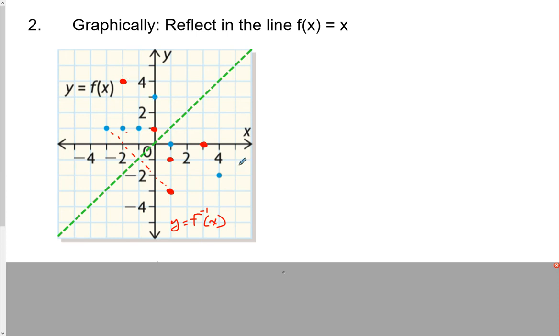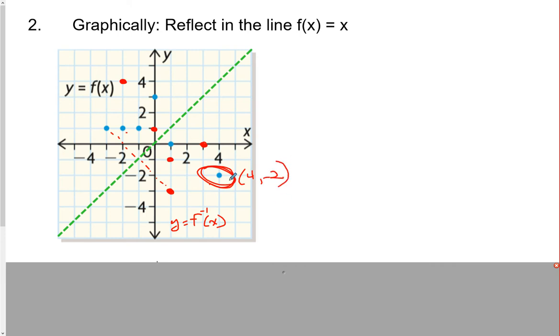You can start catching on to these by just counting 1, 2, 3 squares, 1, 2, 3 squares. Or I could notice that this point, the one I'm going to circle right here, has an x coordinate of 4 and a y coordinate of -2.